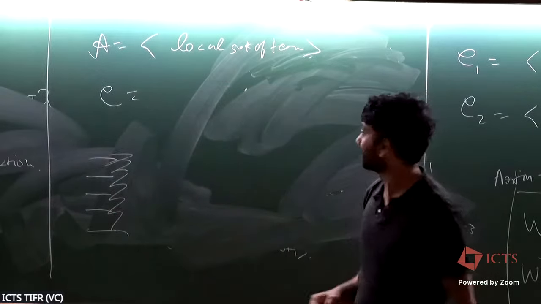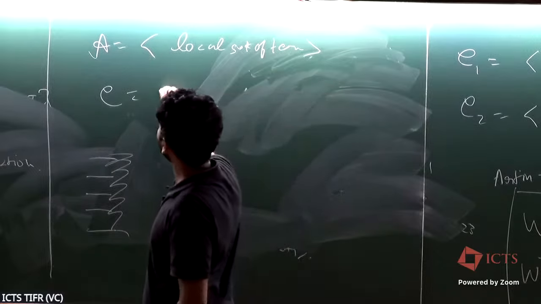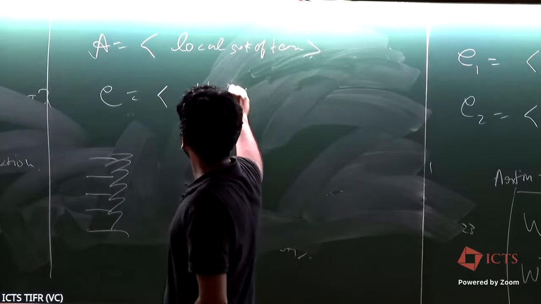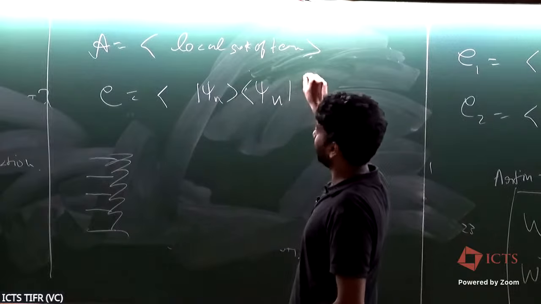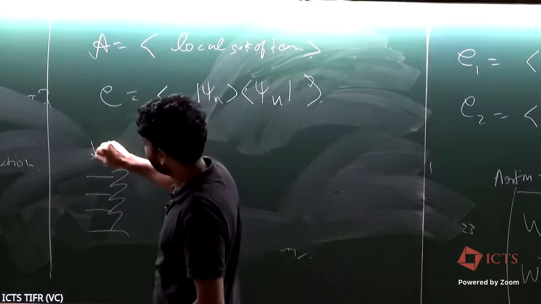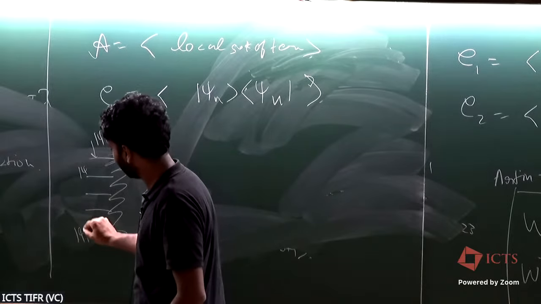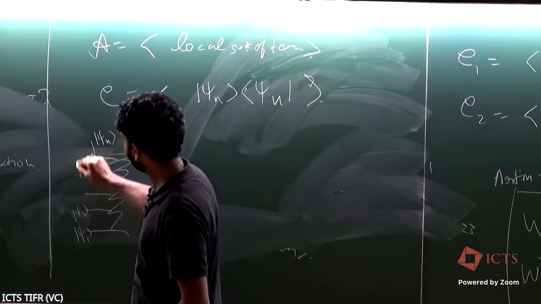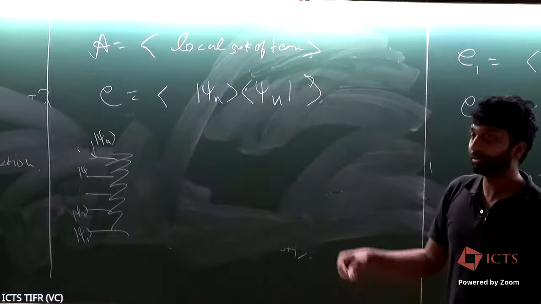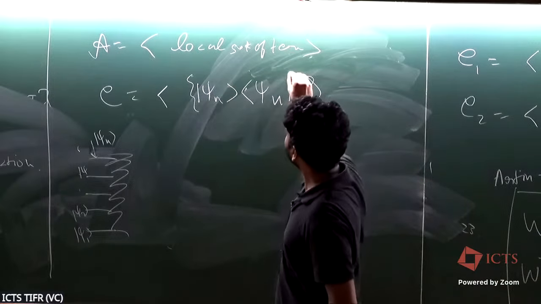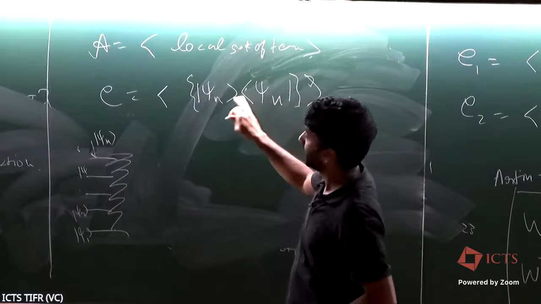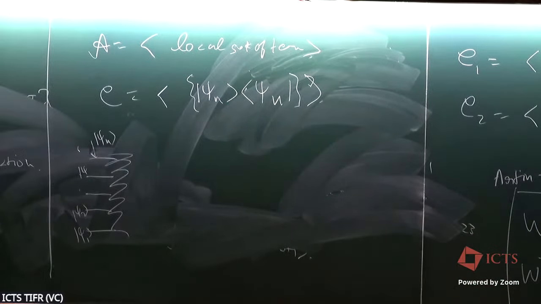They are nice looking. It turns out that the commutant is essentially projectors onto these special eigenstates. So if these are psi 1, psi 2, psi 3, and so on up to psi n, you can get the projectors onto these states as the commutant.